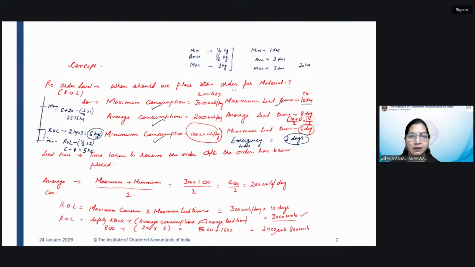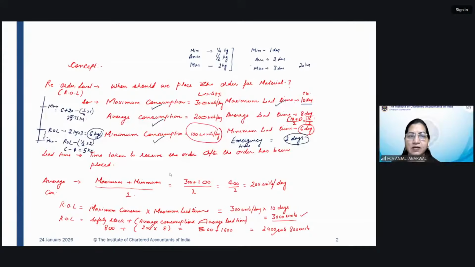Maximum, minimum, and average consumption and lead time will not be ideal for all cases. It will vary from situation to situation. What kind of industry you are in, what is your consumption pattern, what is your production level, what capacity you are working at.